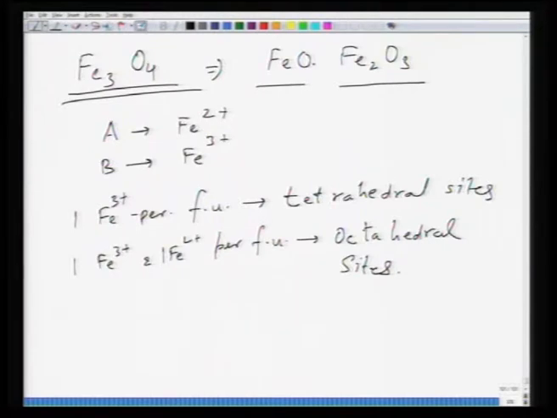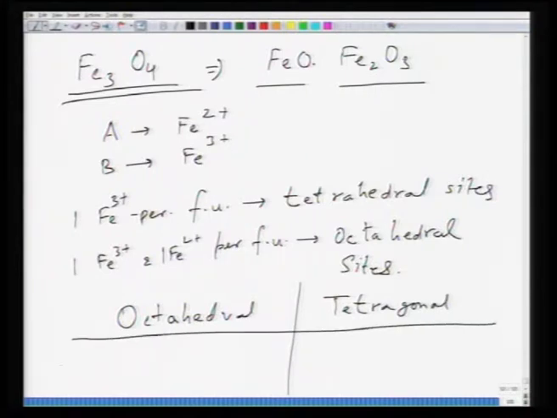If I make two columns, octahedral site and tetrahedral site, then per unit cell the octahedral site will have 8 Fe3 plus and 8 Fe2 plus ions, and the tetrahedral site will have 8 Fe3 plus ions.